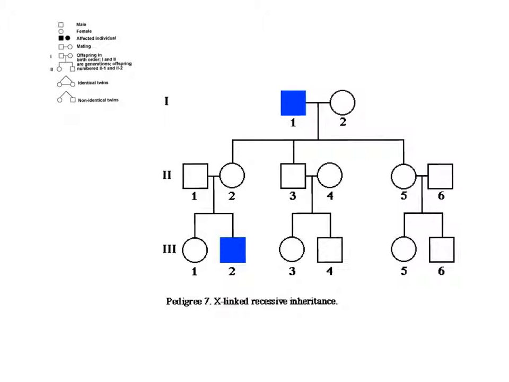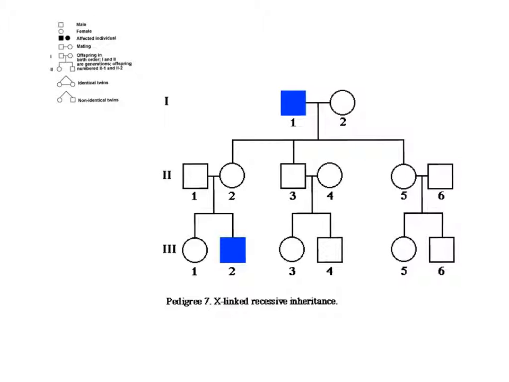Some other family connections. If we take a look at this girl down here, this individual, number 2-1, so Roman numeral 2 means generation 2, and the number 1 equals this first person, that would be an uncle to individual 3-3.